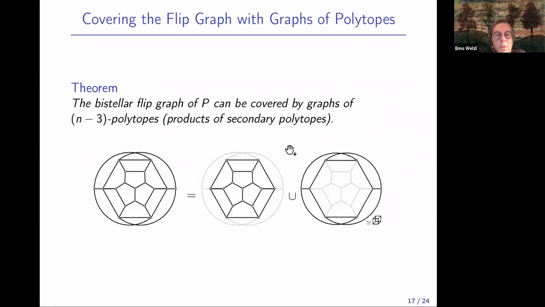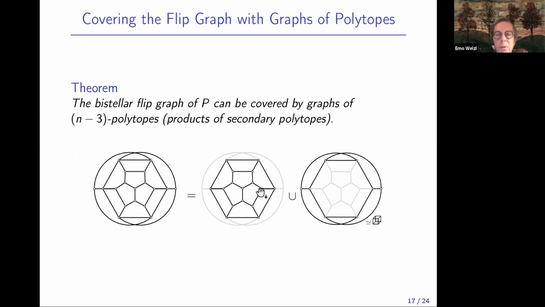One thing we can prove is that even though the bistellar flip graph of a point set is not necessarily the graph of a polytope, we can cover it by graphs of polytopes. Like, for example, this counterexample we have seen.